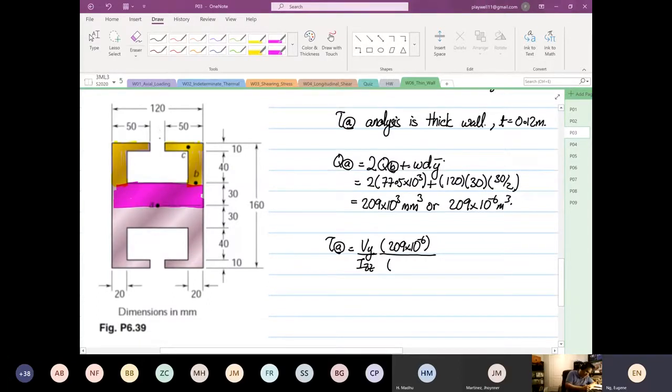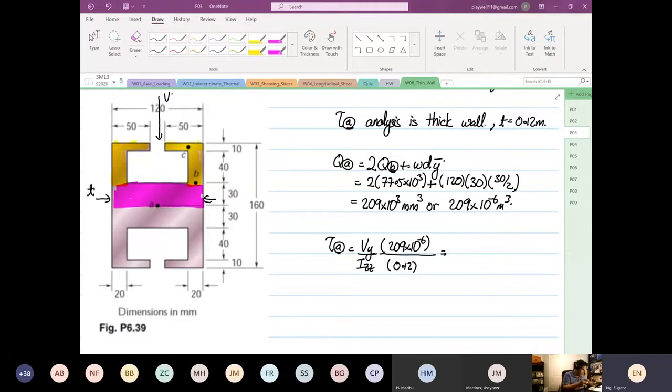The thickness is perpendicular to the direction of the shear force. Remember that. So T is equal to 0.12. So 209 power minus 6 divided by 0.12.